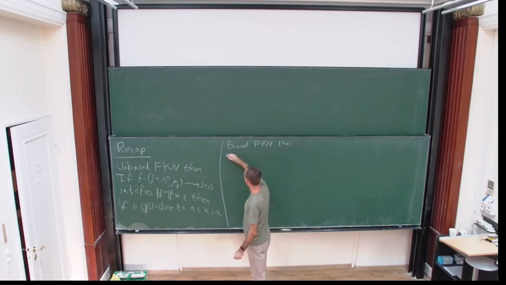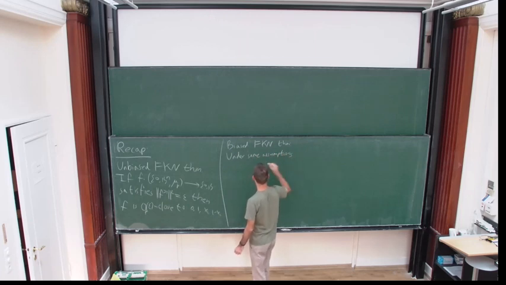Now let me write the biased FKN theorem. We're under the same assumption, only now the only thing we assume is that p is at most a half. If we don't assume that, then we have to replace p everywhere by p times (1 minus p).